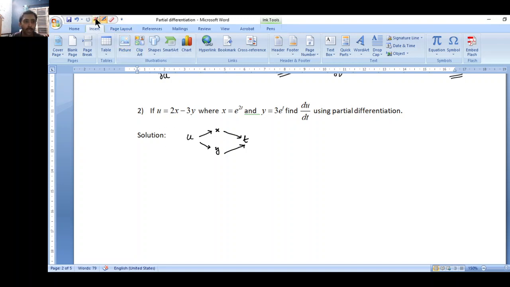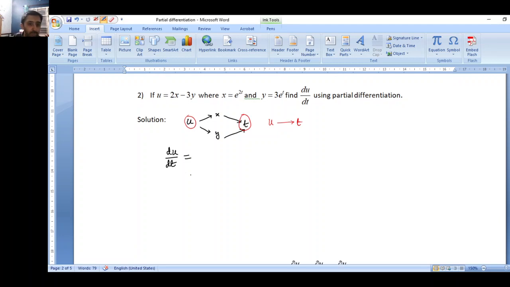As always, if I try to understand the final relation, u depends on t, and because u depends only on t, we will have to find out du by dt.